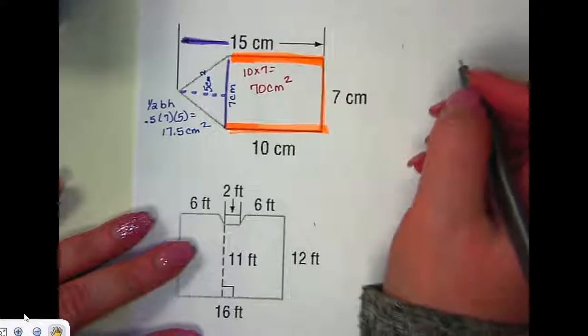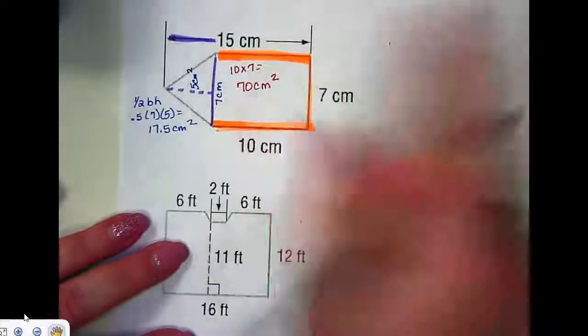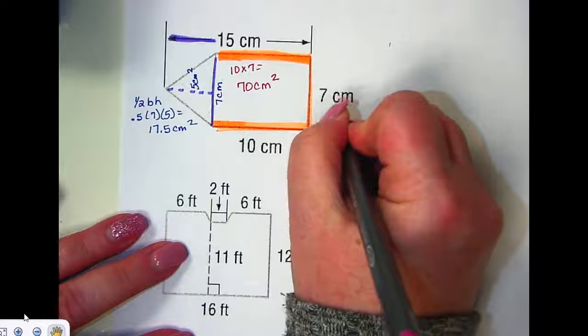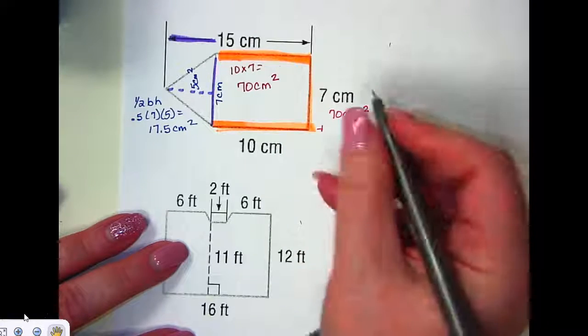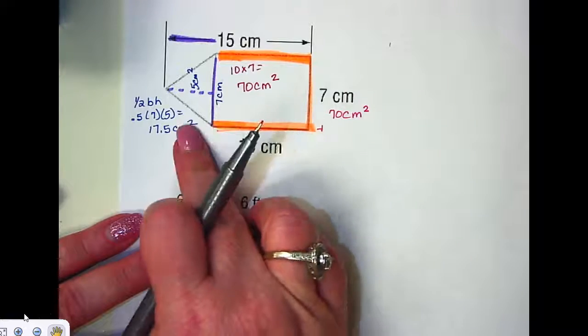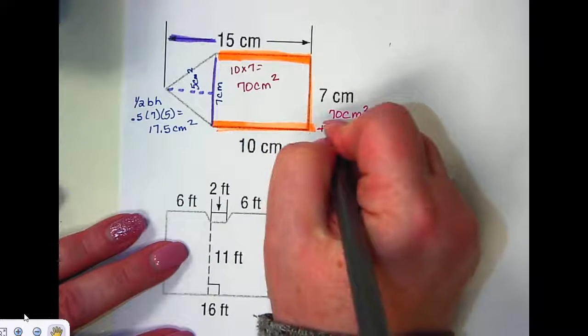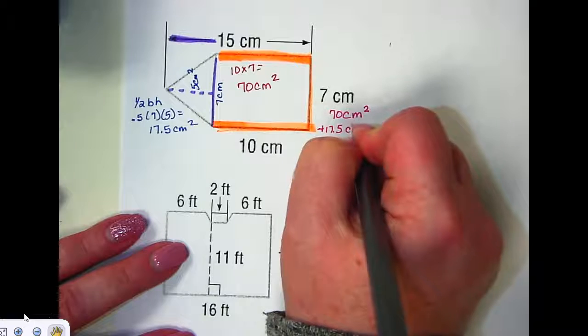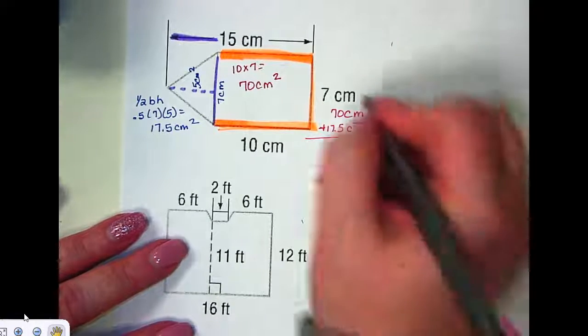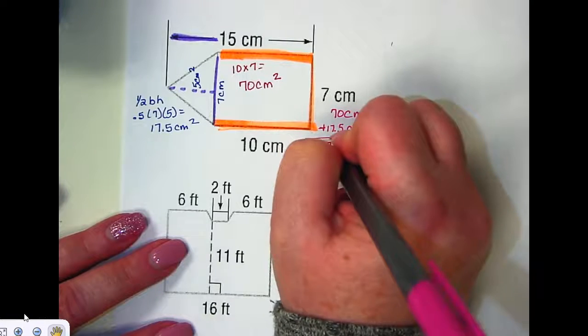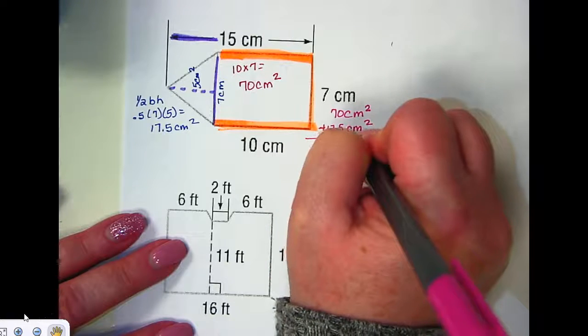So we're going to say 70 centimeters squared, and we're going to add to that what? Yes, 17.5 centimeters squared. And we are going to get 87 and 5/10 centimeters squared.